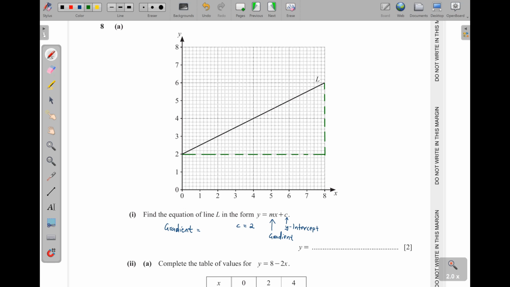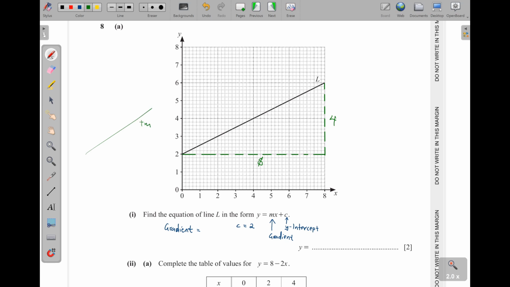So that is that. The change in y, these are how many boxes? 6 and 4. What is the difference between 6 and 2? That is a 4. So this is a 4 here. And then the difference between 8 and 0, that is 8. So we shall have 8 here. And since this line is going like this, it has a positive gradient.